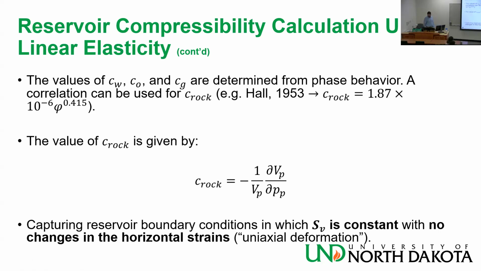with no changes in the horizontal strains. We call that uniaxial deformation. Boundary conditions are something that you need when you do simulations. You need them both in the reservoir fluid simulation aspect and the stress deformation, rock mechanics aspect.